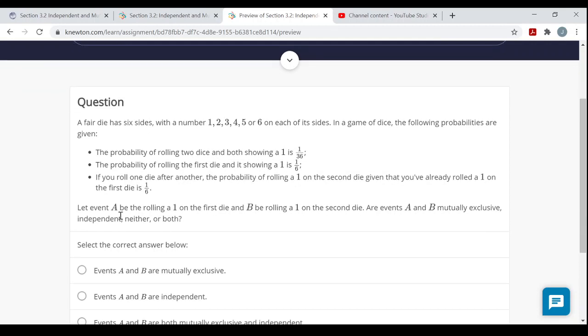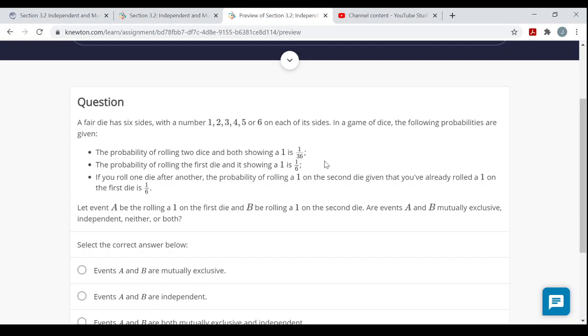So let event A be rolling a 1 on the first die, and event B be rolling a 1 on the second die. Are the events A and B mutually exclusive, independent, neither or both? Well, are they mutually exclusive? No, because they can happen at the same time. You can roll a 1 on the first die and a 1 on the second die. And the probability of both those things happening was 1 out of 36.